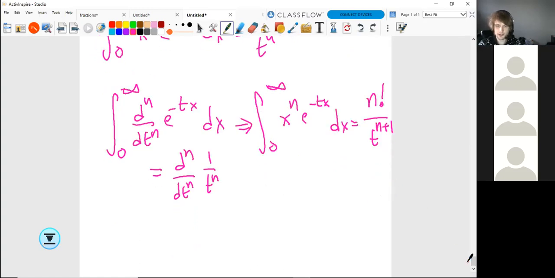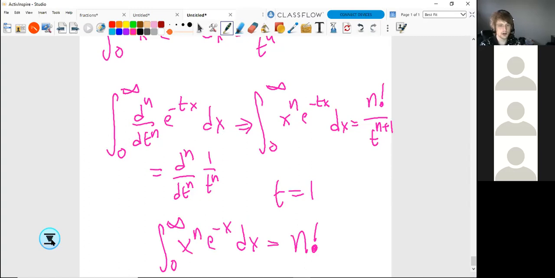And then if we just set t equal to 1, then we recover our friend the gamma function. The integral of x to the n e to the minus x dx is equal to n factorial.